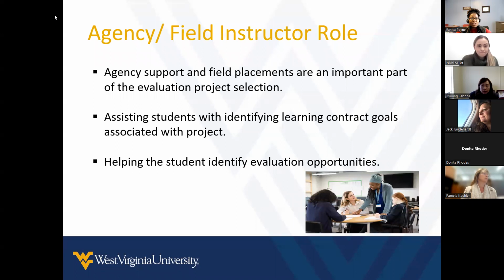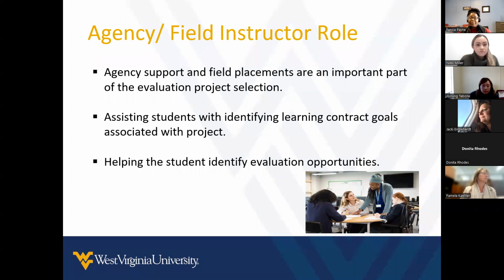Many of the questions that have come up over the years are about what the agency and field instructor's role is. We thought it was important to highlight that the agency support and the field placements are an important part of the evaluation project selection. Students essentially can't engage in this evaluation project unless they're connected to an agency and actively enrolled in the process of working in that space and gaining the experience.